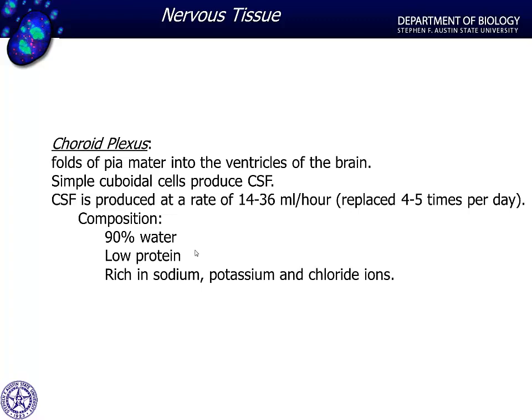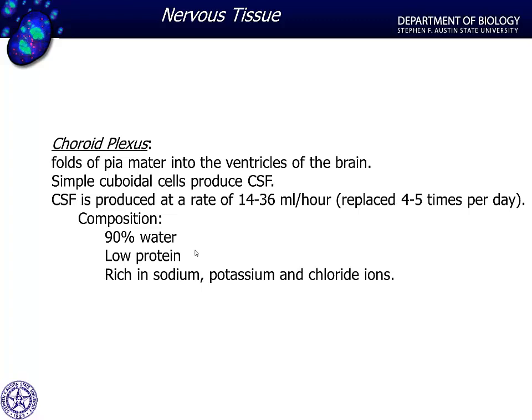creating a tremendous circulation, not just to cushion the brain, but also, think of it like a moat around a castle. You've got to cross that moat before you get to the castle to attack the people inside. Well, in this case, pathogens have to swim through this rapidly flowing cerebrospinal fluid to access central nervous system tissue.